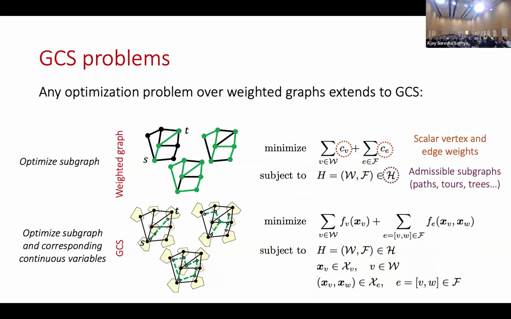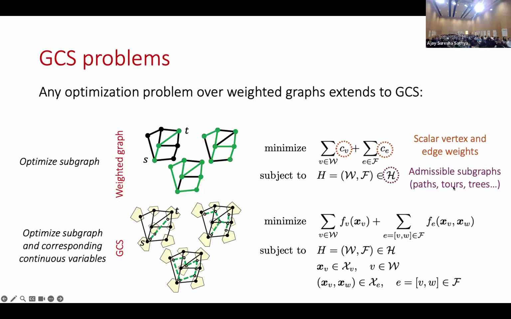So if we try to be a bit more formal, the discrete problem on the top row can be described as follows. We have a set calligraphic H, where essentially we list all the admissible subgraphs that we can select from. In the shortest path problem, these are all the paths from source to target.